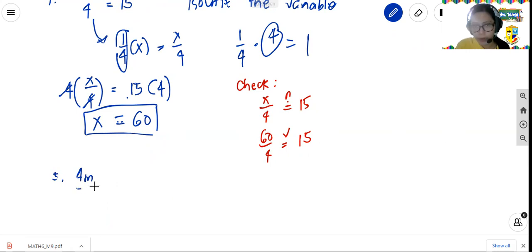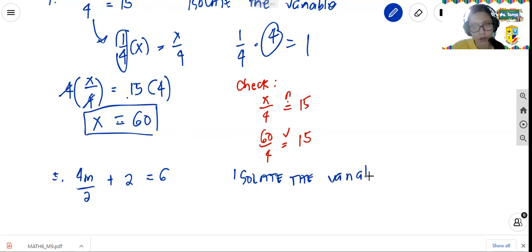So 4n over 2 plus 2 is equal to 6. This is a bit tricky because there's multiplication or division here and then there's addition. So what are we going to do? We do it step by step, because our goal is to isolate the variable.